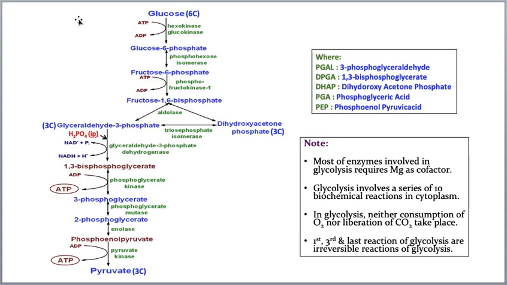By whatever means, my conclusion is that the glucose enters into the cytoplasm of the cell. Now the glucose, which is a 6-carbon molecule, after it enters the cytoplasm of the cell, obviously needs to start the mechanism. But the problem is that glucose needs some energy to initiate glycolysis.